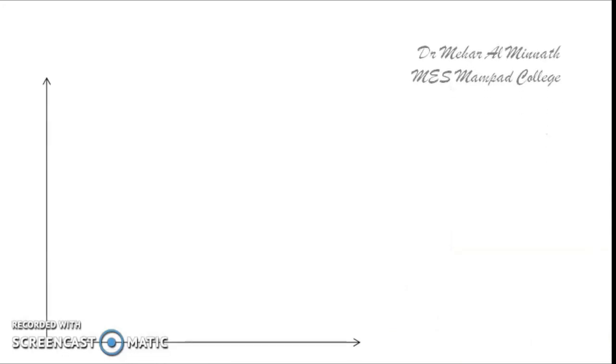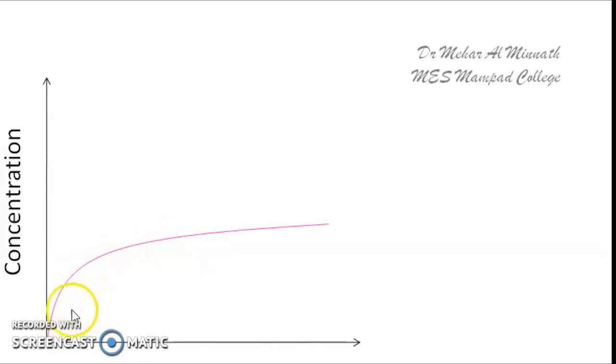So in this plot, what do we find? The change in concentration is not uniform throughout, isn't it? Initially, there will be a large increase, and then as the time proceeds, the change in concentration is lesser, becoming almost constant, isn't it?